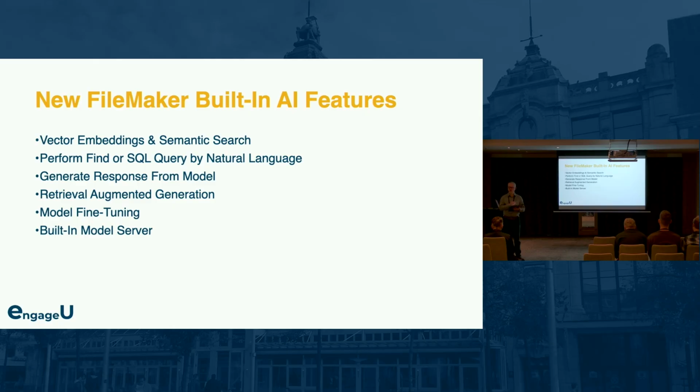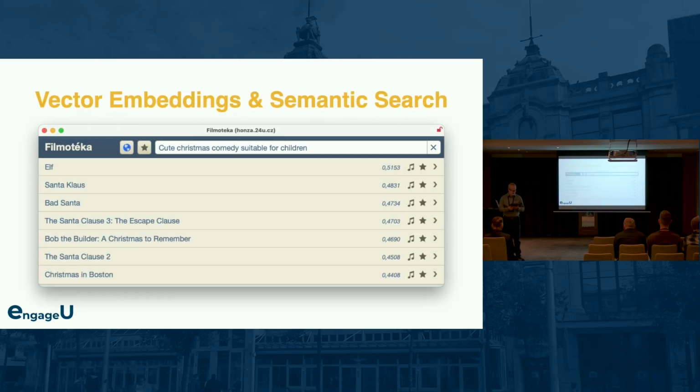I try to look at these features from the performance point of view, and for that I used my movie database, where I have all my movies, over 1,000 titles. What I tried to implement is semantic search, so that I could type what I'm in the mood of watching right now, and it would recommend top movies to watch, so that I could easily select.